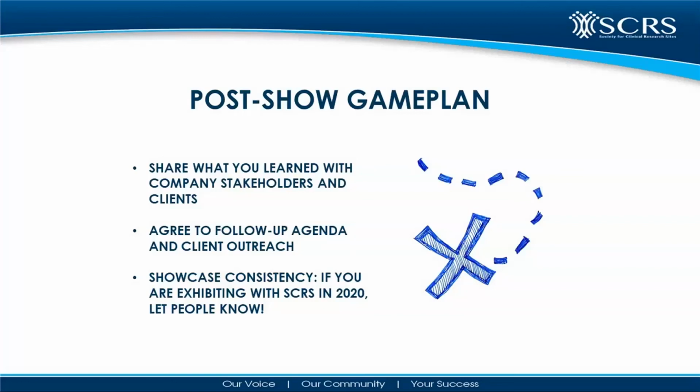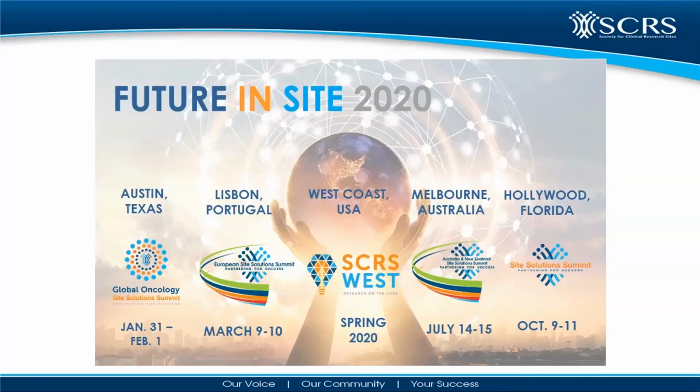Many people are already signed up for 2020, believe it or not. We are booking folks now for the 2020 Global Site Solutions Summit, and of course, any of our global meetings.